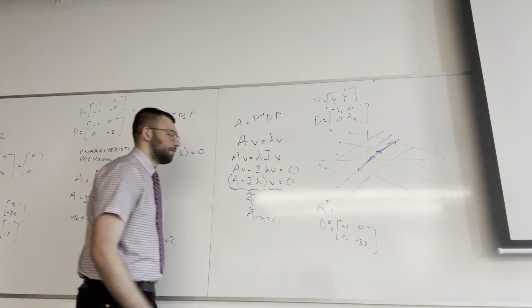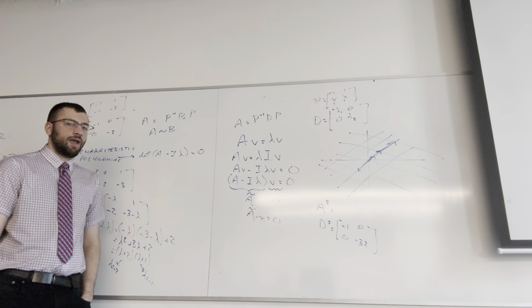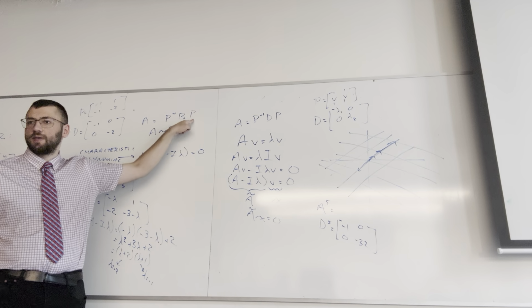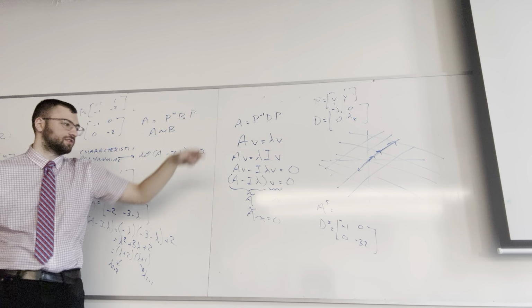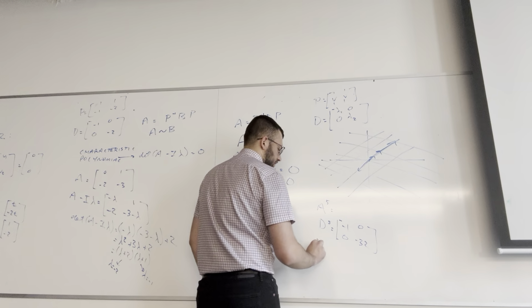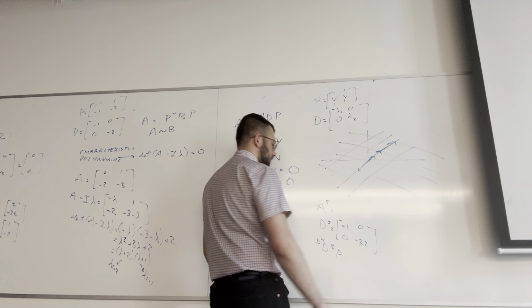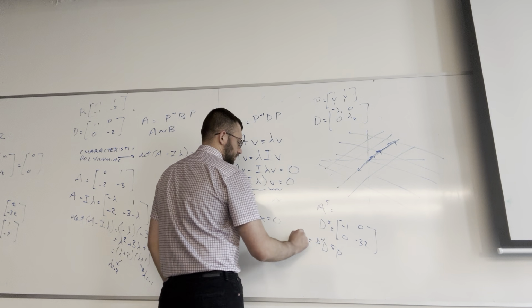So there's your D to the 5. And now all you have to do is multiply it by P inverse and by P. Like that, right? So P inverse D to the 5 P. And that'll give you A to the 5.